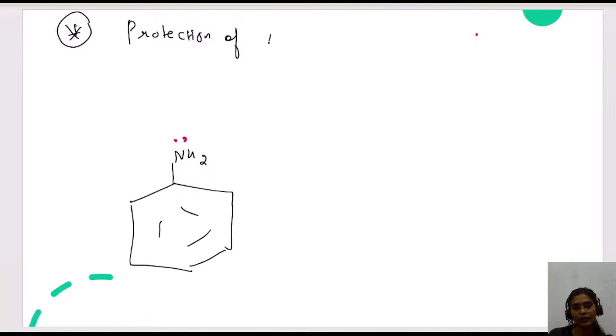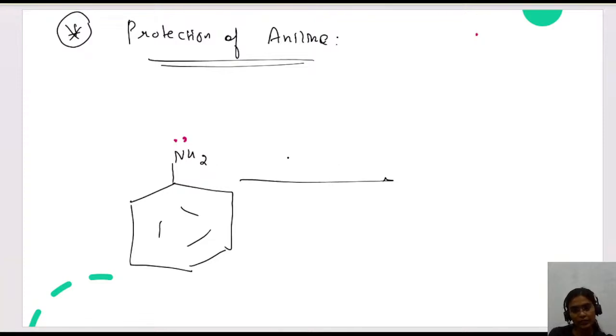How to protect? You can use anything. Let me just write three protecting reagents.